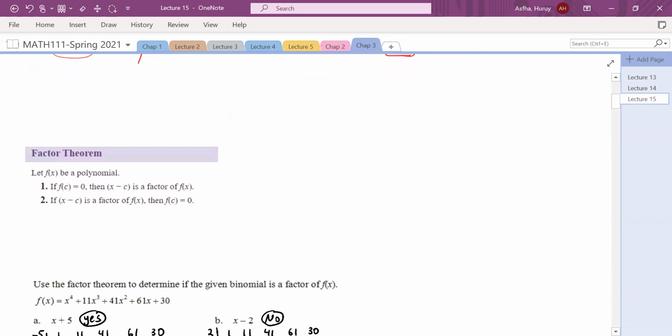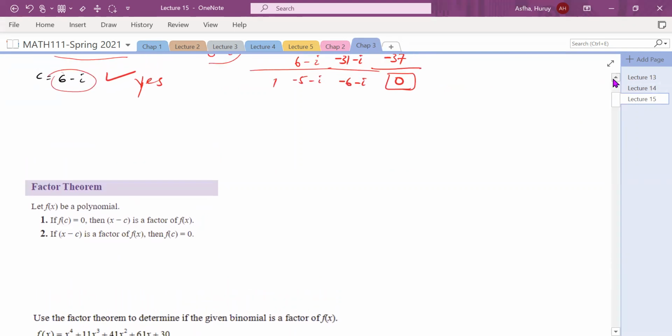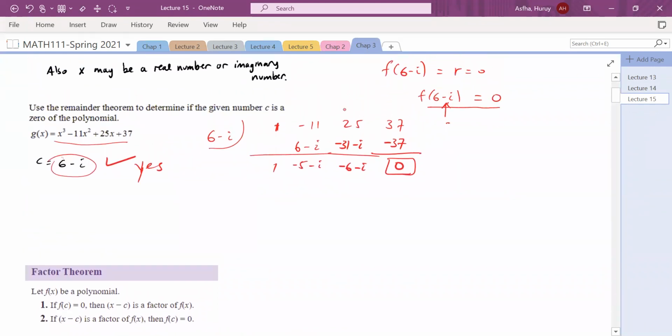All right, the next theorem is the factor theorem, and this one tells us that if f of c equals 0, then x minus c is a factor of f of x. And the other way, if x minus c is a factor, then f of c is 0, which is what we got here. So here we have c, and we found f of c to be 0.